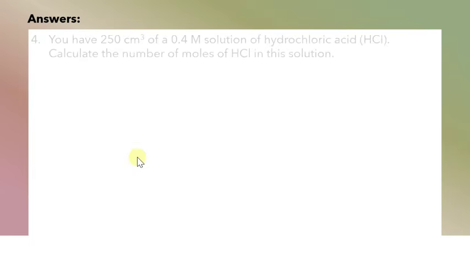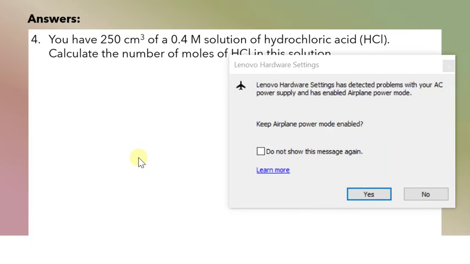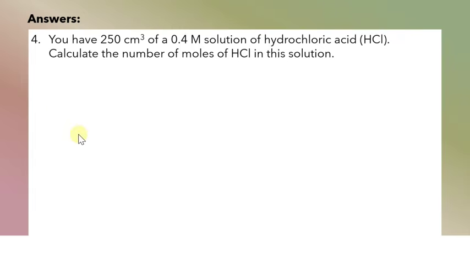Then let's do this one here, which says you have 250 cubic centimeters of a 0.4 molarity solution of hydrochloric acid. Calculate the number of moles of hydrochloric acid in this solution. Okay, so concentration is number of moles over volume.